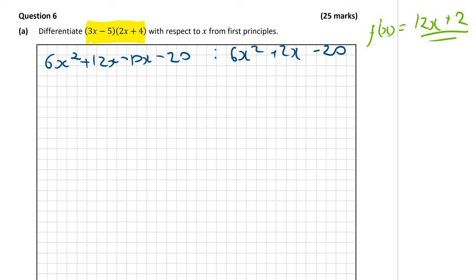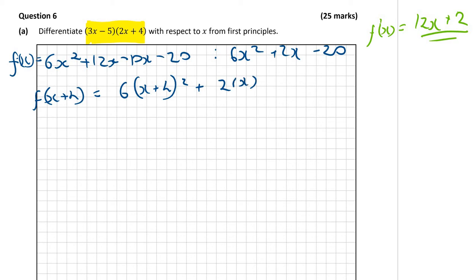We first work out f of x plus h. So basically what that means is if f of x is equal to this, then f of x plus h means that wherever you see an x, just replace it with an x plus h. So you've got 6 times x plus h squared plus 2 times x plus h minus 20.